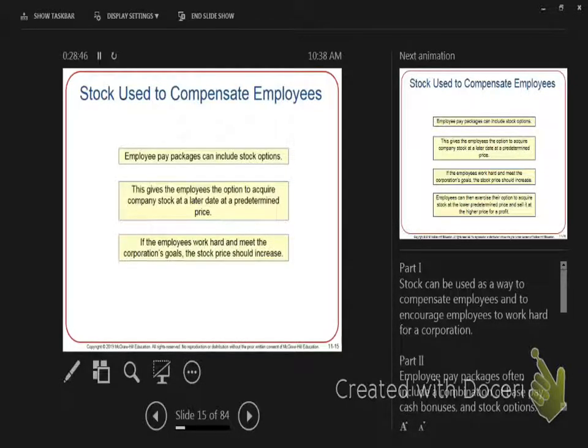As of today, every employee has the ability to buy so many shares of stock at the price of $42 a share starting July 1st. I can't do it now, but the price is $42 a share, and on July 1st I can buy it at $42. I have 3 years in which I can buy it.